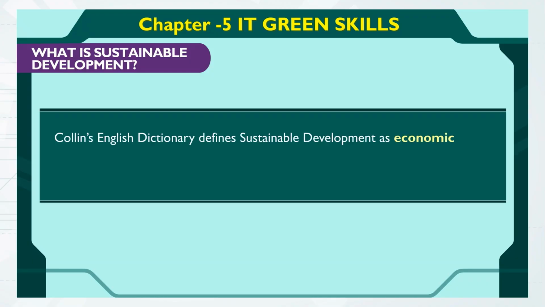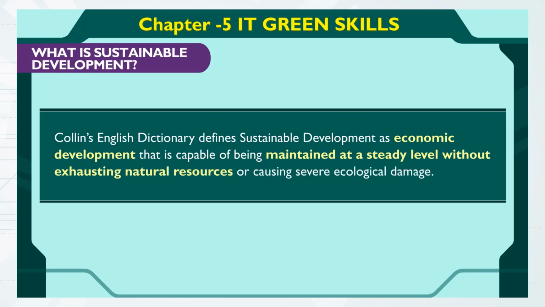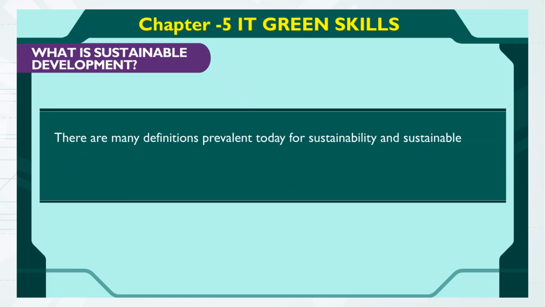Collins English Dictionary defines sustainable development as economic development that is capable of being maintained at a steady level without exhausting natural resources or causing severe ecological damage. There are many definitions prevalent today for sustainability and sustainable development.